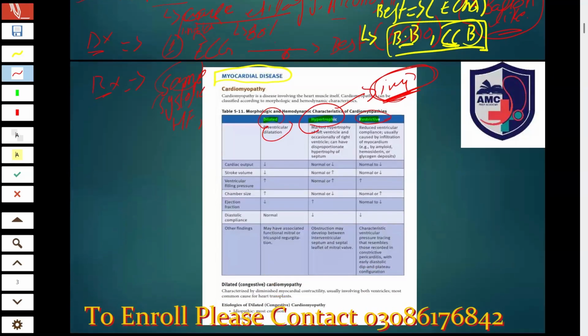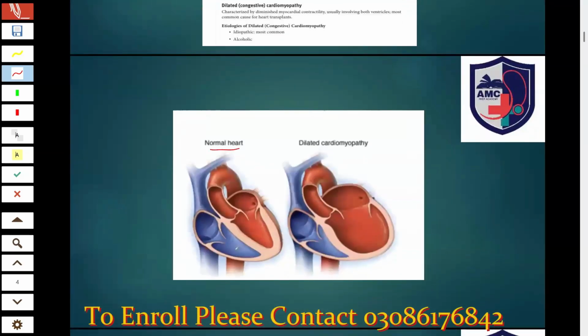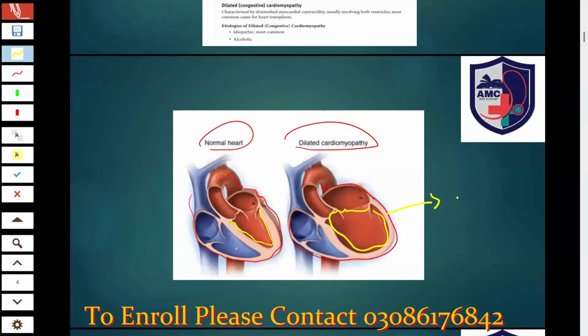In dilated cardiomyopathy, we will see the cardiac output. This is the normal heart. In dilated cardiomyopathy, the size of the heart is enlarged. This cavity is enlarged, but here you will see the normal cavity. So there is dilation, and the problem is contractility.